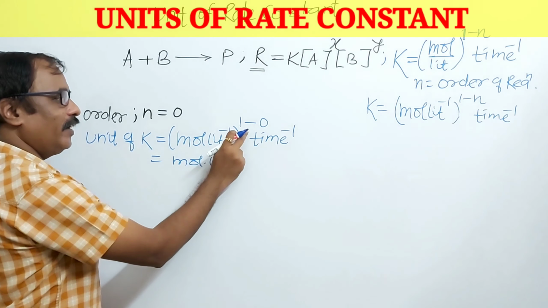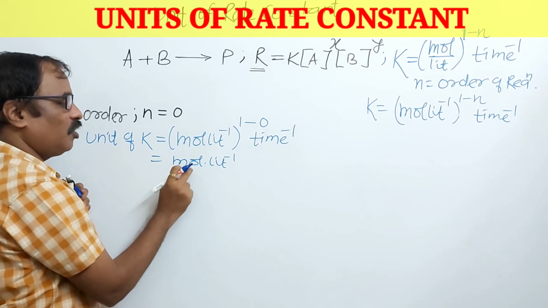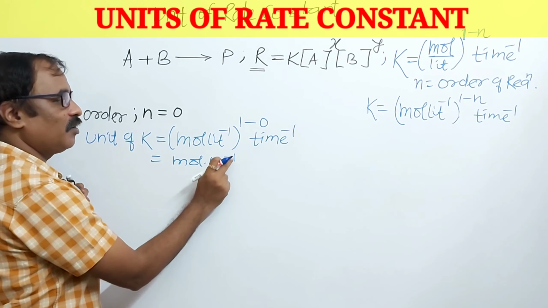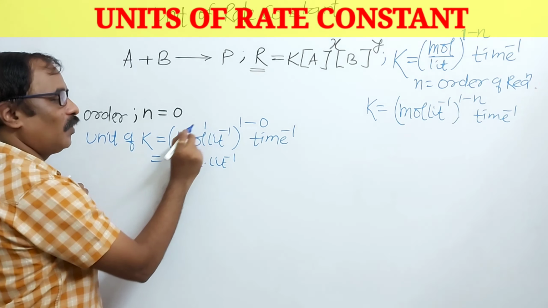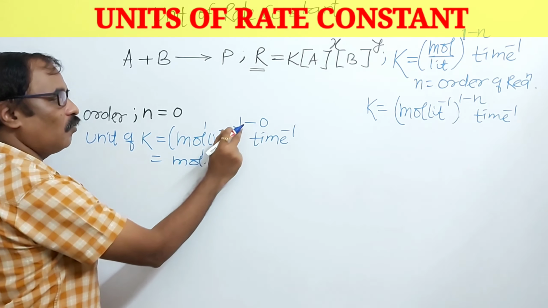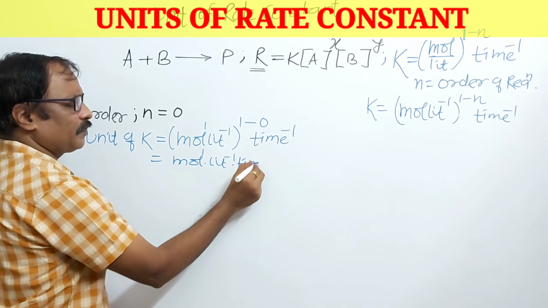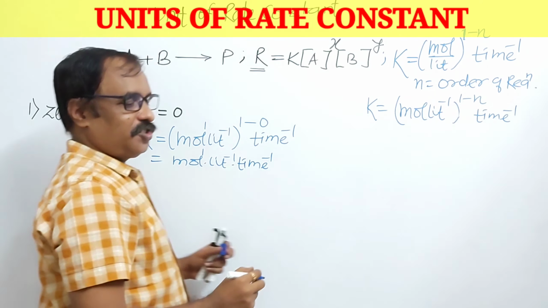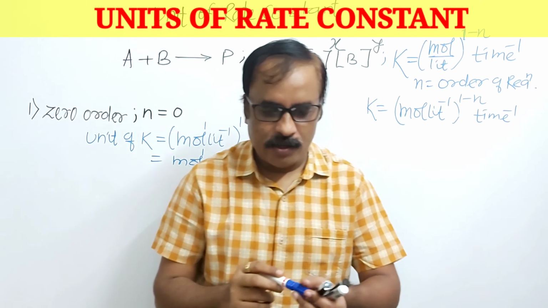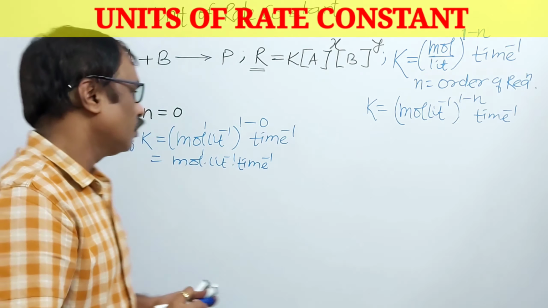Here it is power 1 and as it is mole to the power 1, liter to the power minus 1, because 1 into 1 it is 1, 1 into minus 1 it is minus 1, and a time inverse. So this is the unit of rate constant in a zero order reaction.